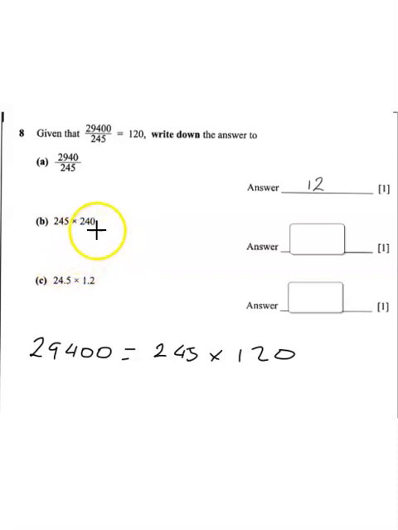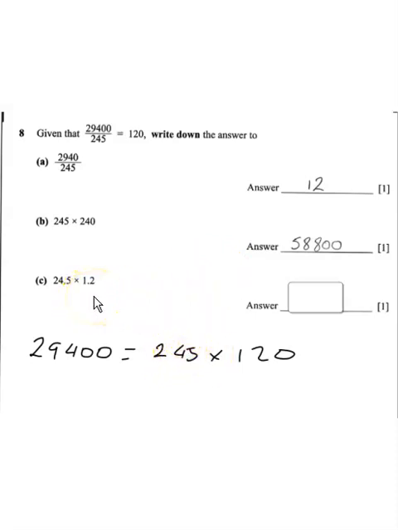You can see that the second part has been multiplied by 2. So 120 times 2 is 240. Because it's times 2 there, we have to times this one by 2 to adjust it. So when we multiply the answer by 2, it becomes 58,800.